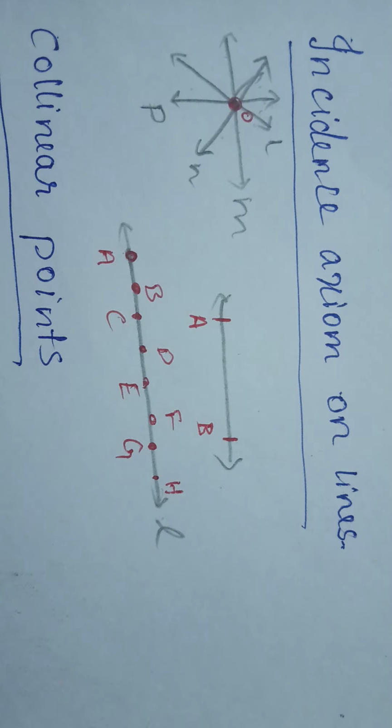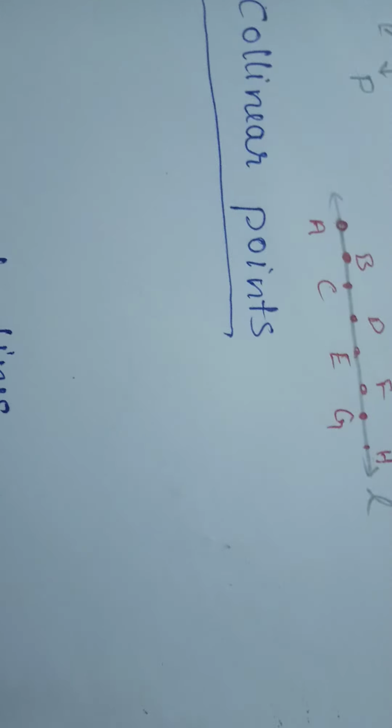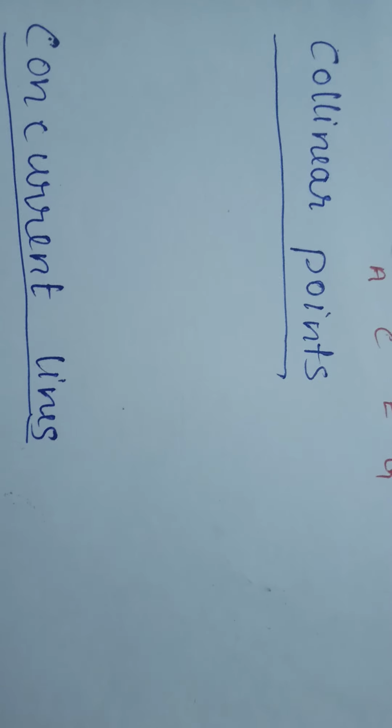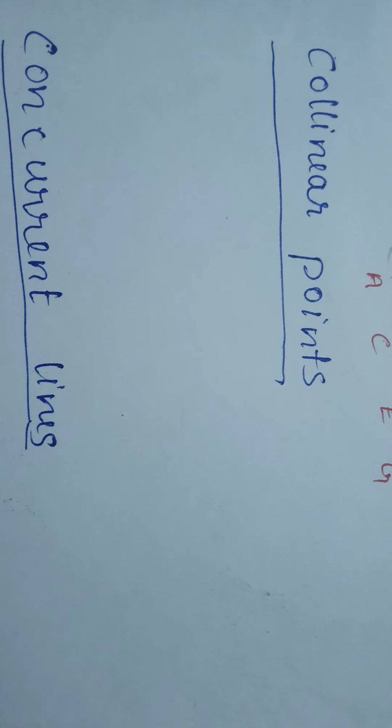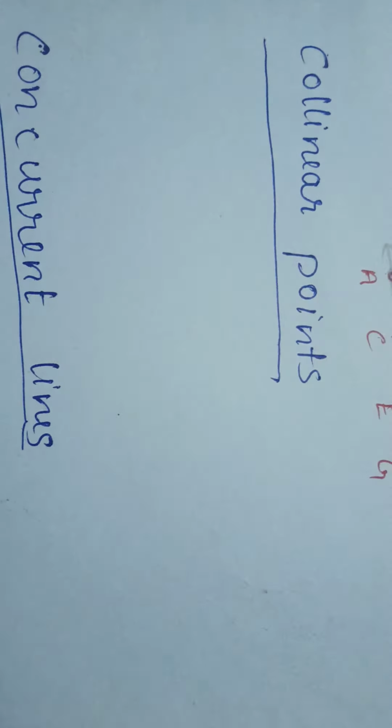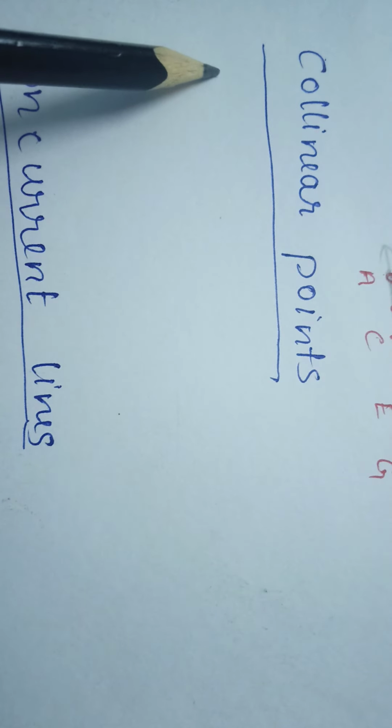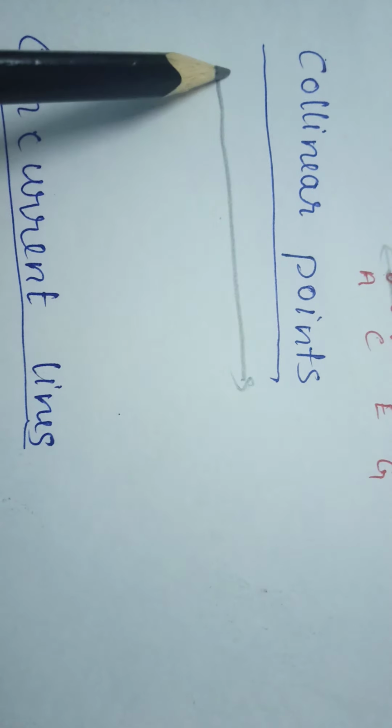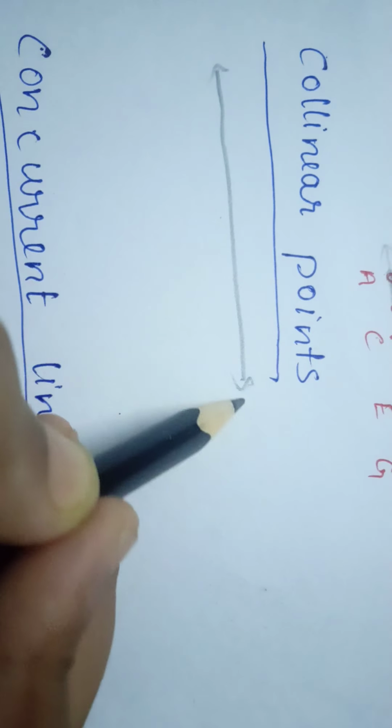Understood? Now the next one is collinear points. What are collinear points? When there are three or more points which lie on the same line, they are called collinear points. See, I have a line here, named L again.